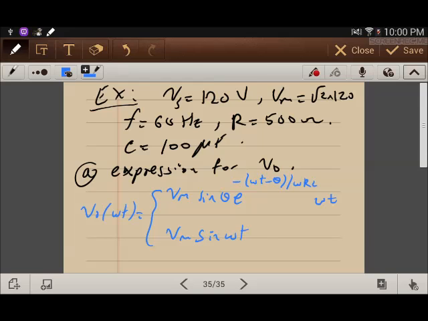This is when omega t is greater than 2 pi plus alpha and less than 2 pi plus theta. And here, when omega t is greater than 2 pi plus theta and less than 2 pi plus alpha.